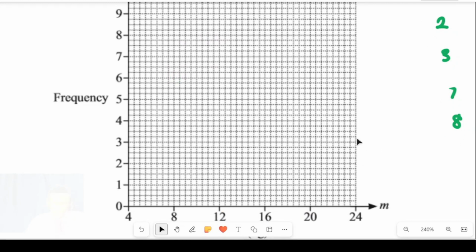The middle value between 4 and 8 is 6, and the frequency is 8. Then midway between 8 and 12 is 10, with frequency 7. Then between 12 and 16 we have 3.